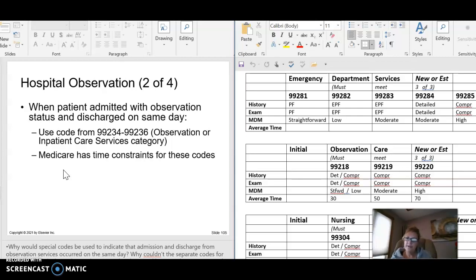So the initial observation is, I'm just throwing a number out there, $100. And for the patient to get discharged, we'll say $50. I know that's really cheap. Basically, these codes combine a discharge code and the initial code together. So it's going to have a higher relative weight, and these codes are going to cost a little bit more. And Medicare does have time constraints for these codes.